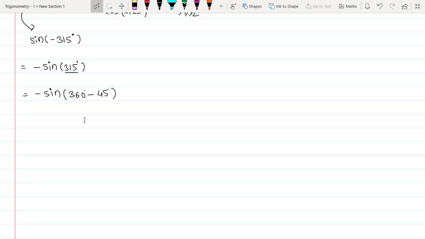Now tell me, this 315 lies in which quadrant? Fourth quadrant. So in the fourth quadrant, what will be the sign of sine? Is it positive or negative?